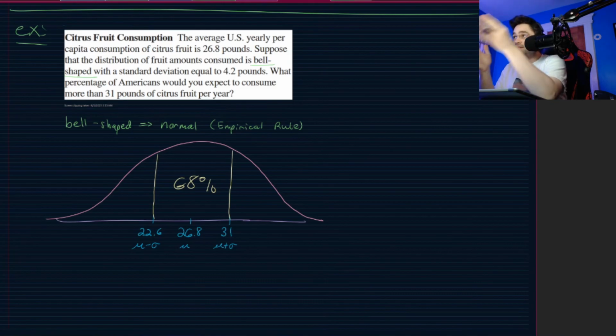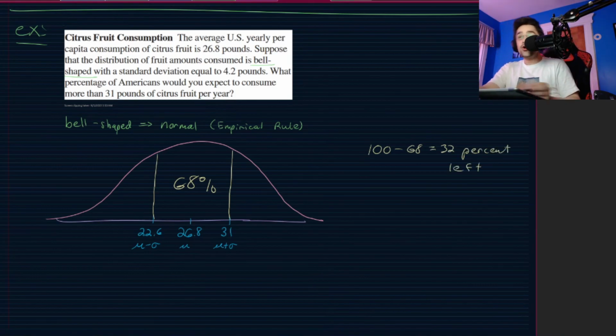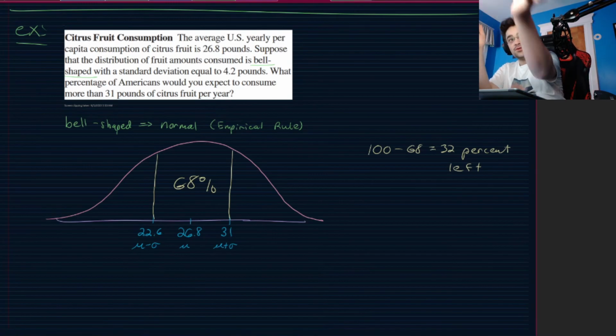Right, so if this is 68%, as I mentioned, we've got 32% of the data left to divvy up here. And it's symmetric. Very important. Normal distribution is symmetric. So if you cut it in half, there's got to be 50% on the right, 50% on the left.